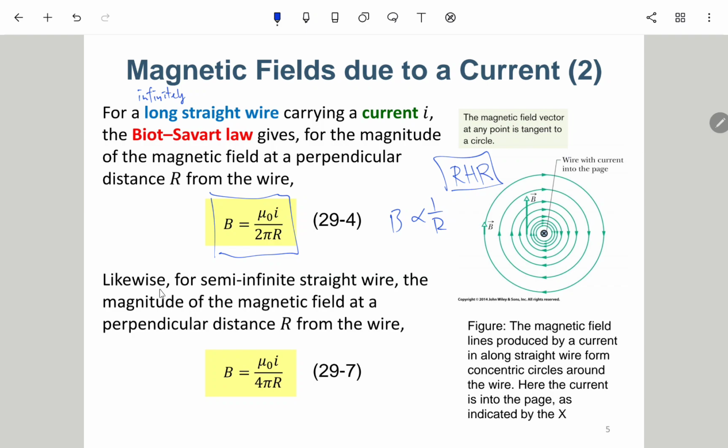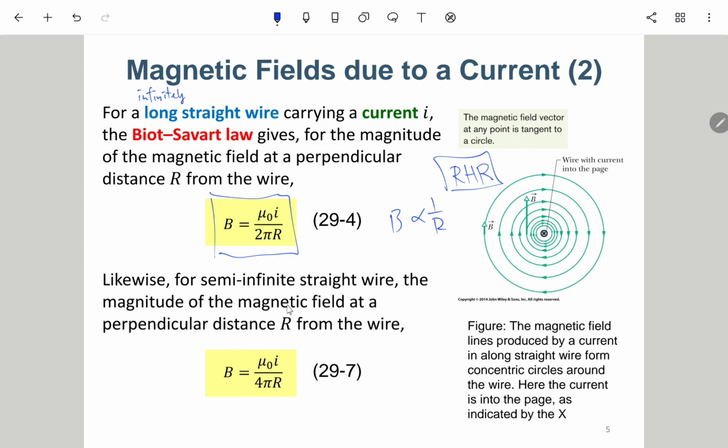Here we have another one, which is still useful, but does not occur as frequently as this one. It says likewise for the semi-infinite straight wire, meaning only half of it is infinitely long, from zero to positive infinity and nothing from zero to negative infinity.